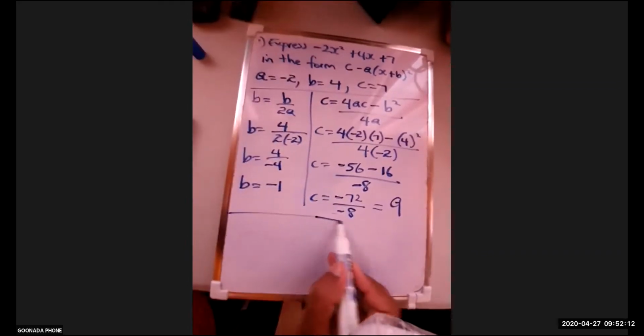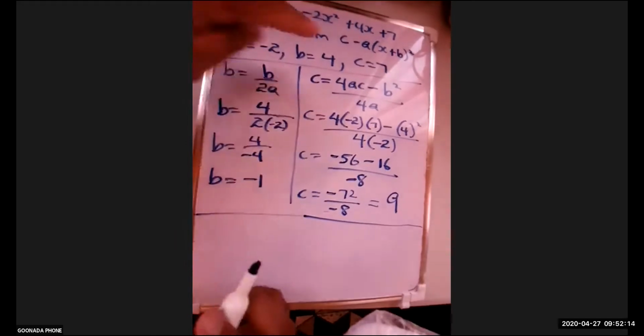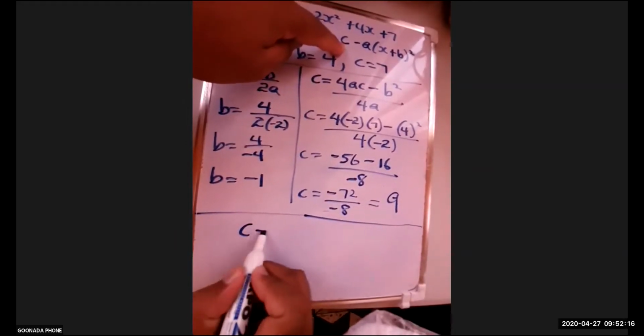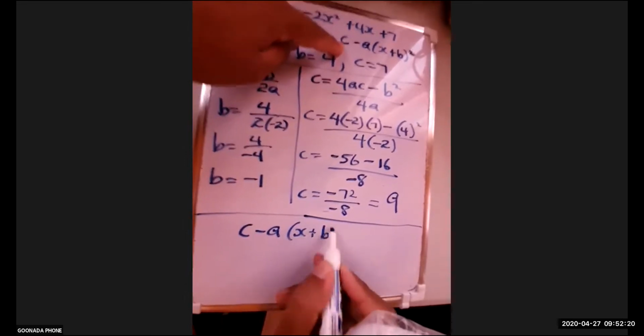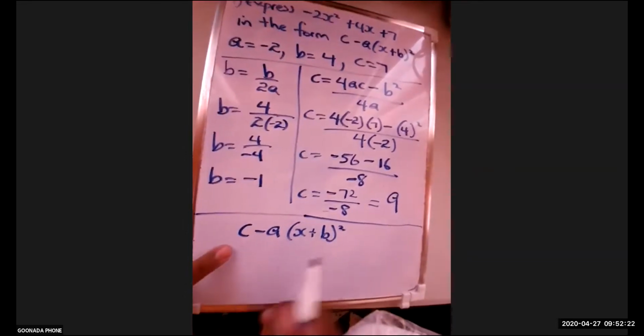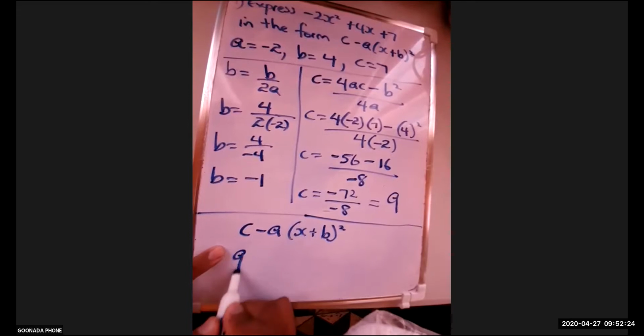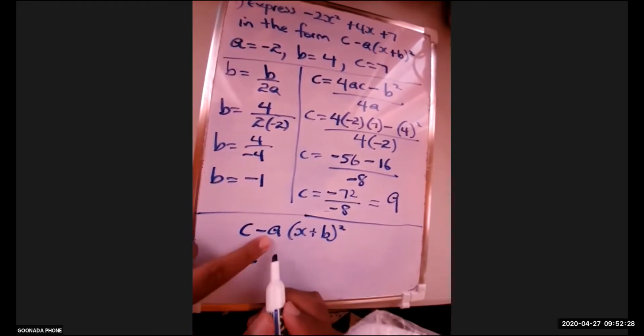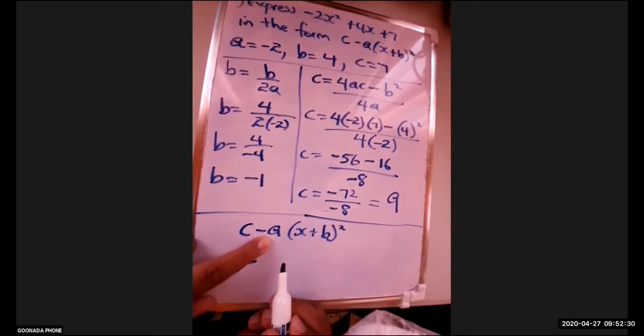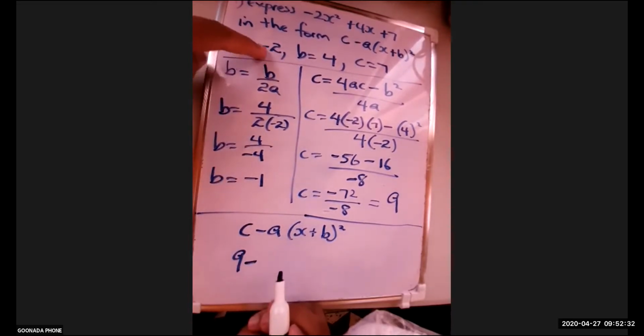Yeah. All right. And now remember, we have to get it in the form C minus A into (x plus B) squared. So the value of C is 9, minus the value of A. Remember, I told you when you're taking the value of A, you're only taking the number, not the sign.